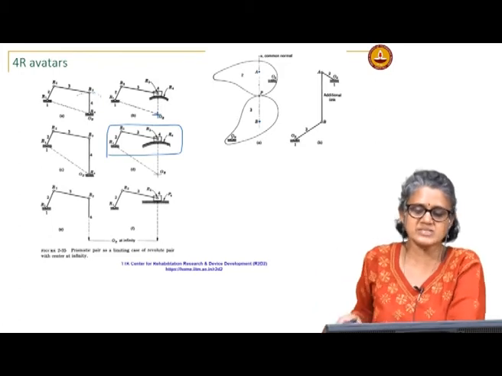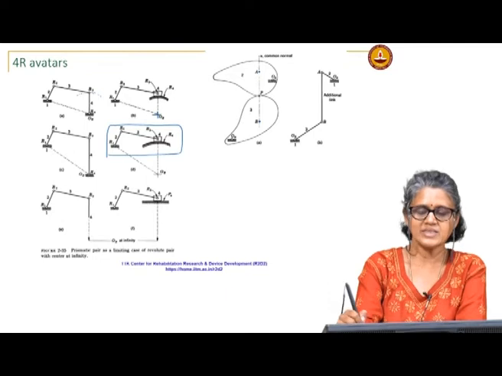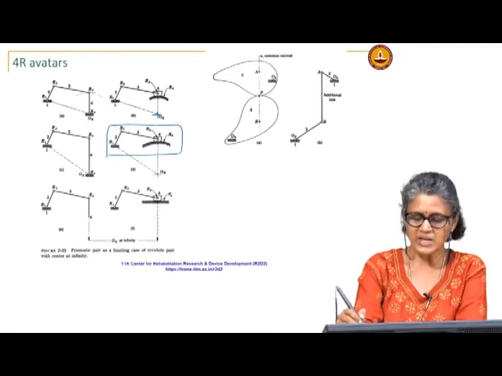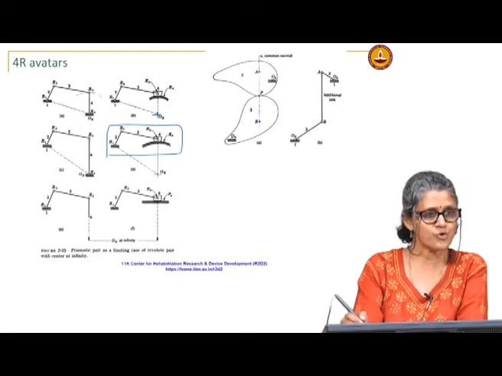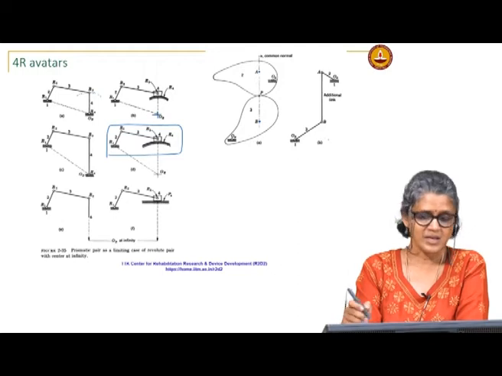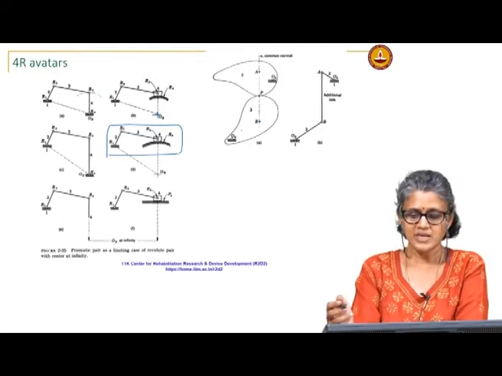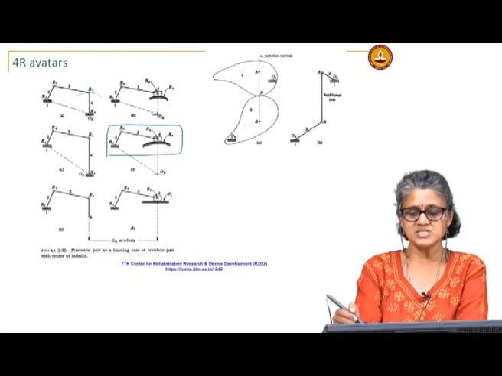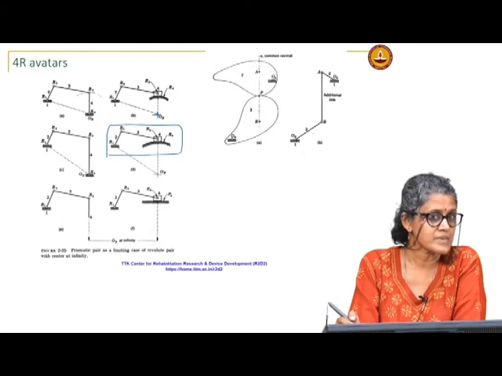So, if I replace it with a link connecting the two centers of curvature along the common normal, then I get this 4 bar. So, at this particular instant, the relationship between 2 and 3 is the same as the relationship between 2 and 3 in this 4 bar.